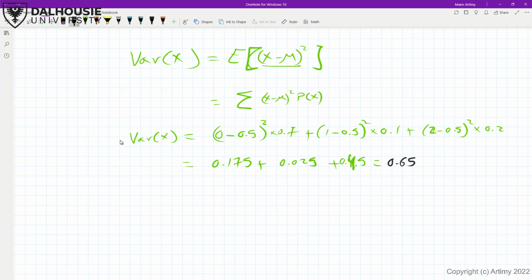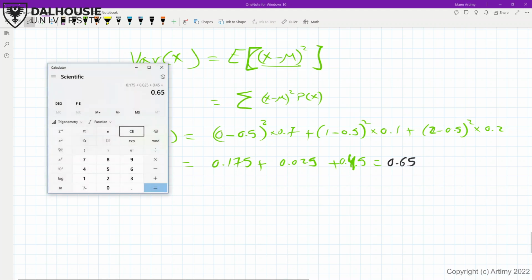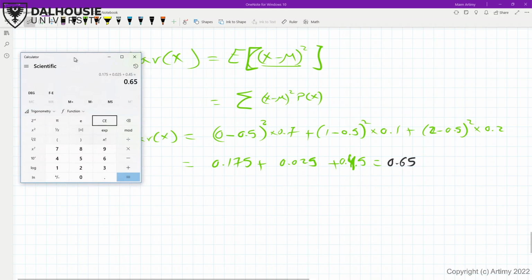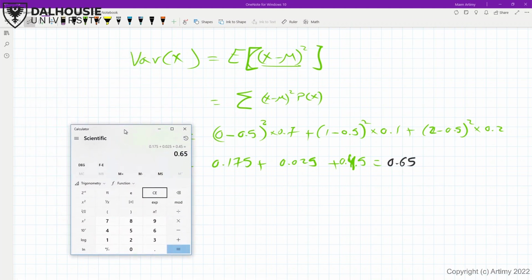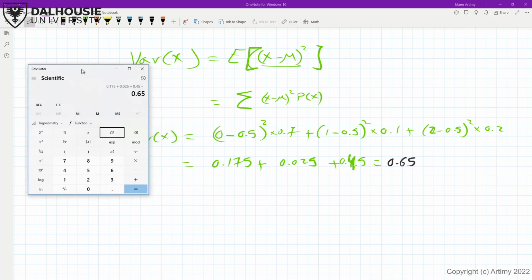And the variance is given the symbol sigma squared. This number is a random number, right? Unlike the expectation, which is not a random number, so it's always fixed.